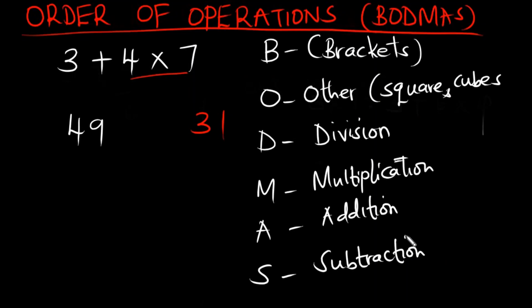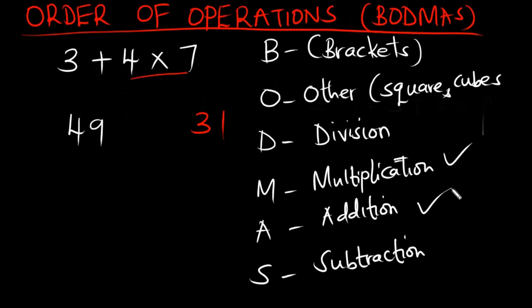Now, let's go back to our example. So in this example, we only have two operations, that is addition and multiplication. So when you look at that order, multiplication comes before addition. So you're supposed to do multiplication first, and then the answer that you get, you have to add the 3. So between these two people who had worked it out, one got 49 and the other one got 31.